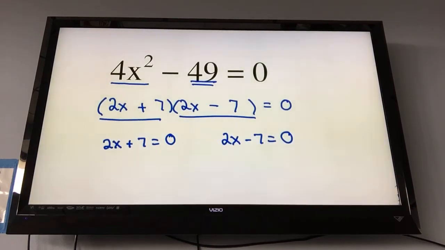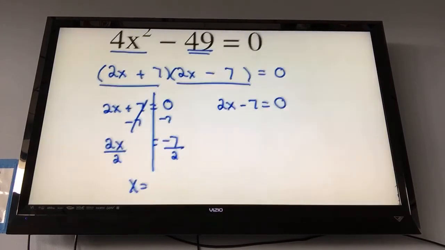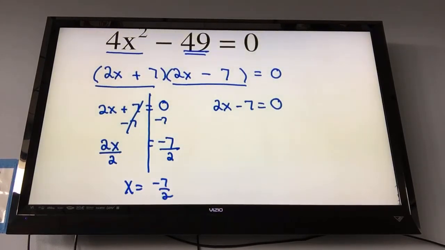So for both parentheses, you set each parenthesis equal to 0 and then you solve it. So subtract your 7. So 2x equals -7, and divide by 2. And it just stays that fraction, -7 over 2.